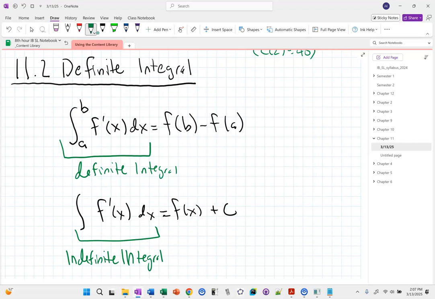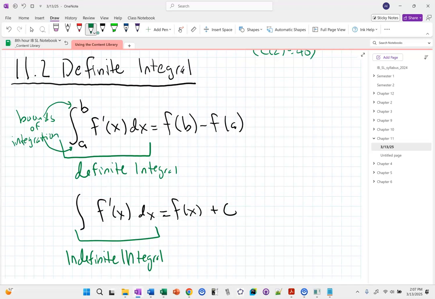Is everybody okay with the vocabulary? Yes. We call the A and the B the bounds of integration. The one on top we would surprisingly call the upper bound. The one on the bottom we'll surprisingly call the lower bound.